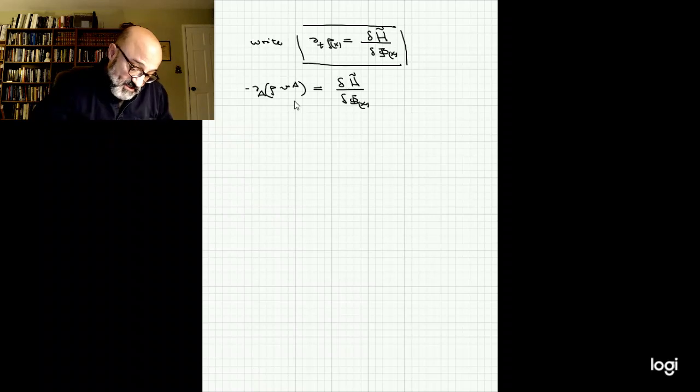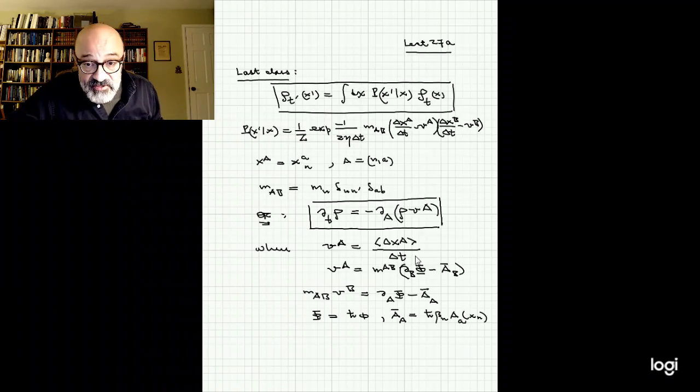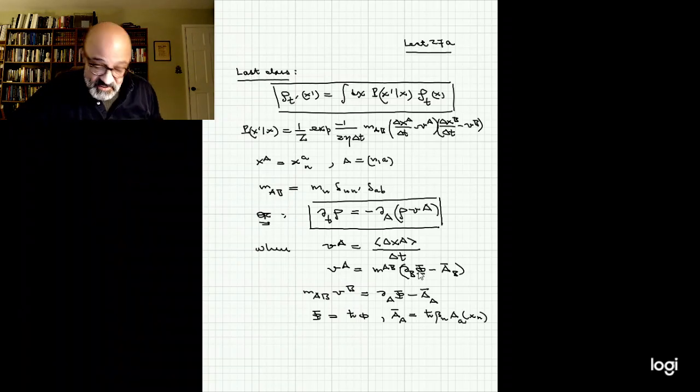Now this equation here, let me rewrite it in a cleverer way using our expression for the velocity. v^a is given by this expression.